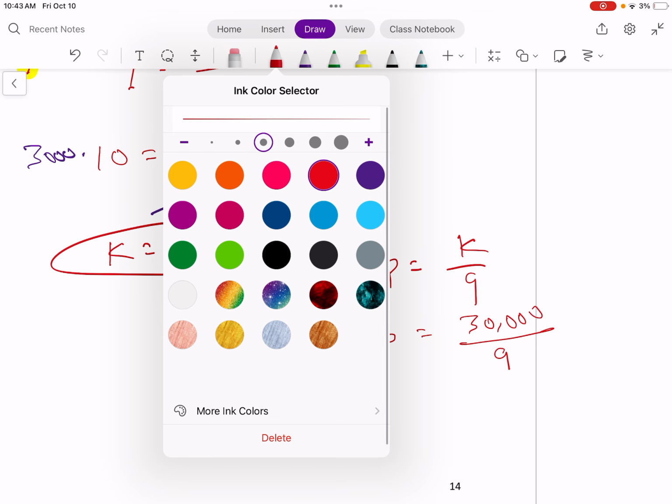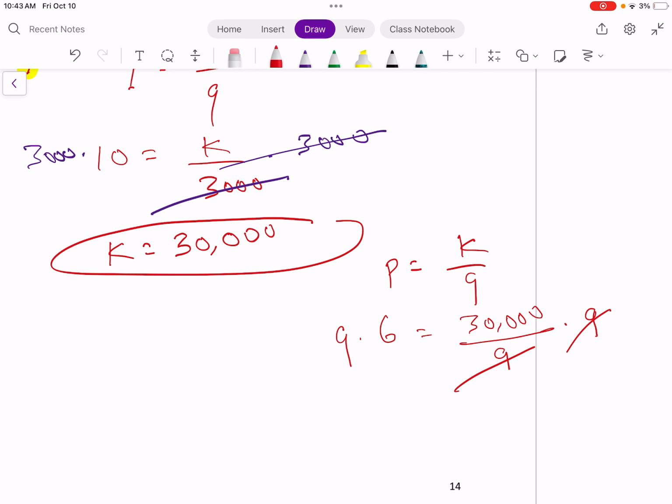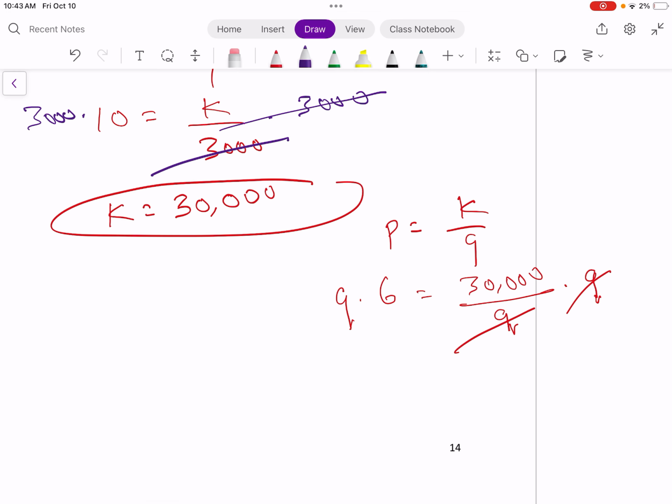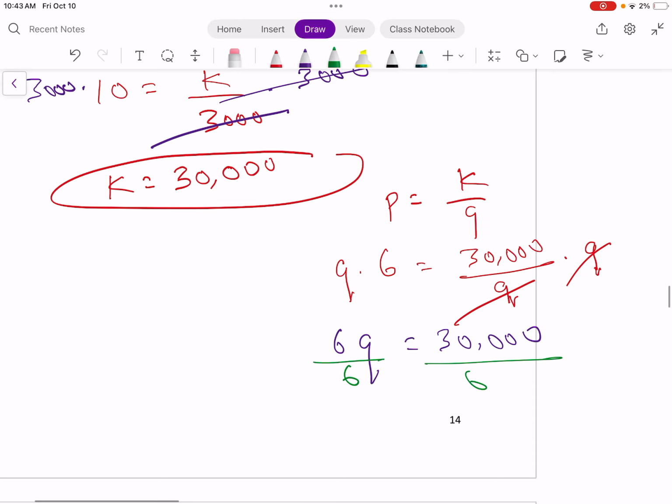How do we solve this? Let's get rid of the denominator by multiplying both sides by Q. So 6Q equals 30,000. We divide both sides by 6, and our Q equals 5,000 units.